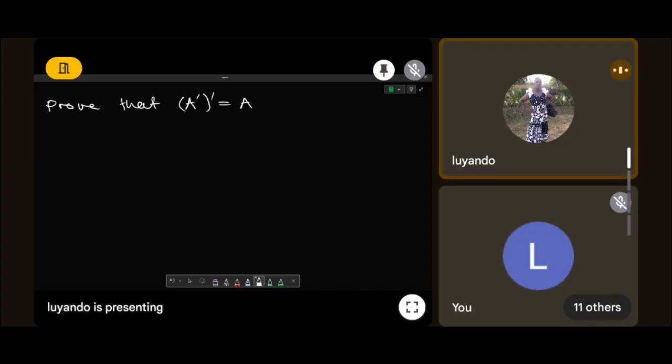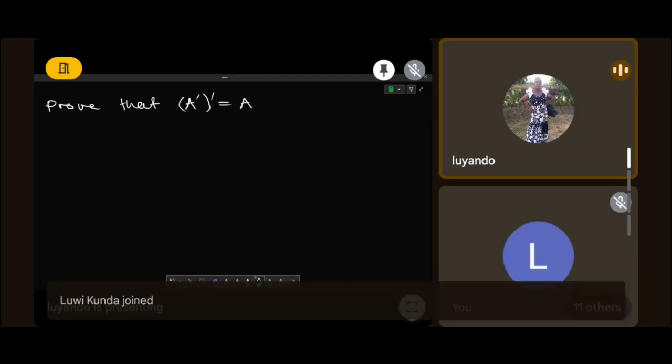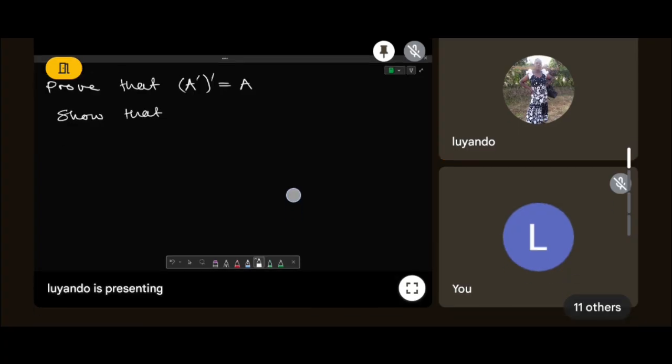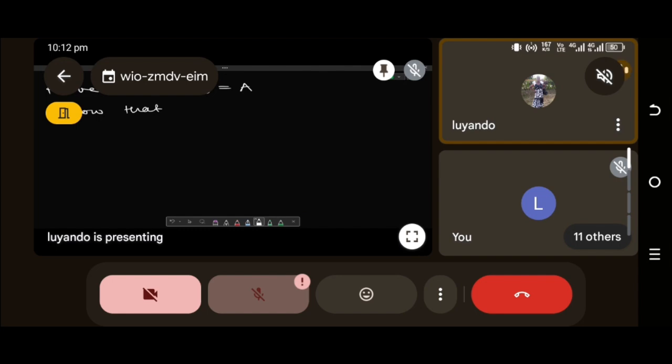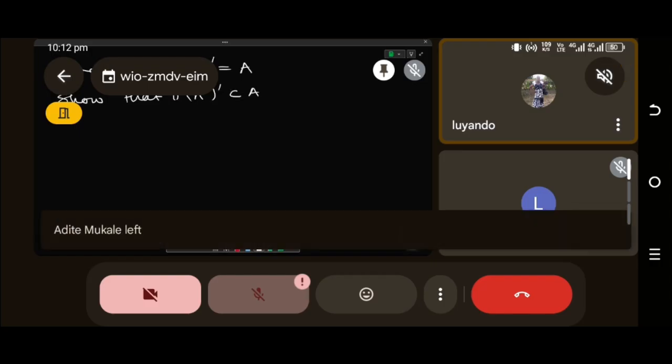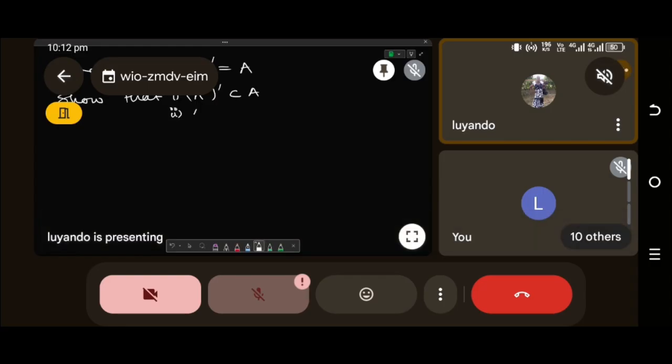Okay, so you know that firstly you need to show that A complement complement is a subset of A, and again you need to show that A is a subset of A complement complement.